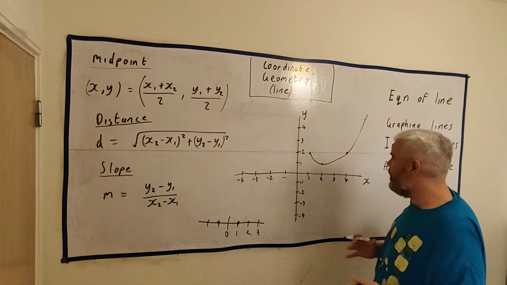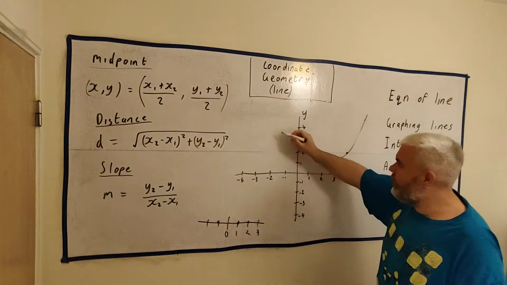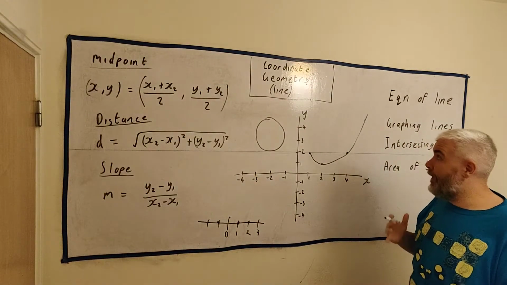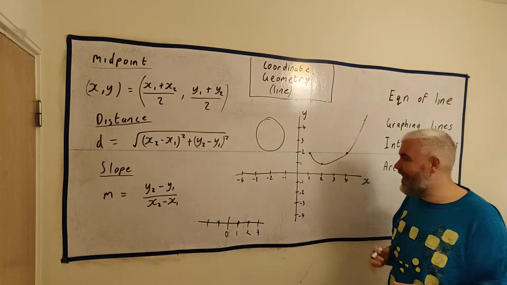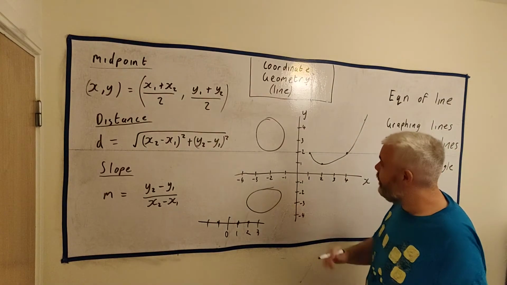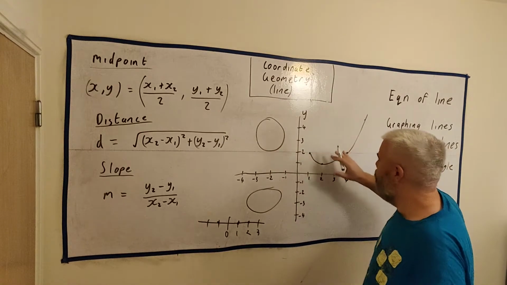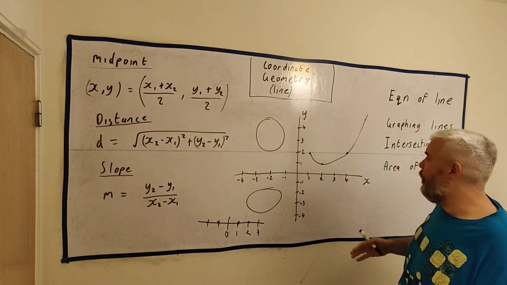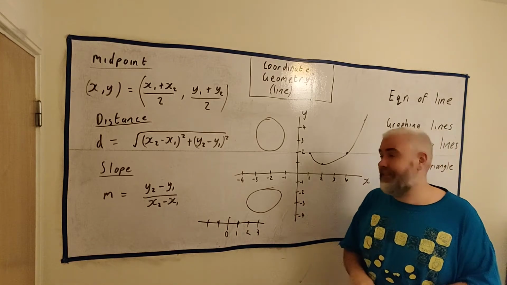You might get cubic shapes. And in future videos, we're going to find circles. In my secondary level classes, I won't be going as far as ellipses. But we'll be doing circles, quadratics, cubics, lines, things like this. Lines specifically in this series of videos.